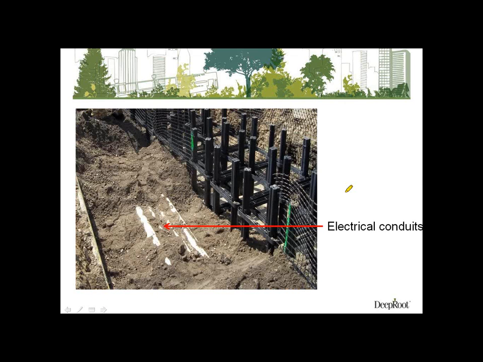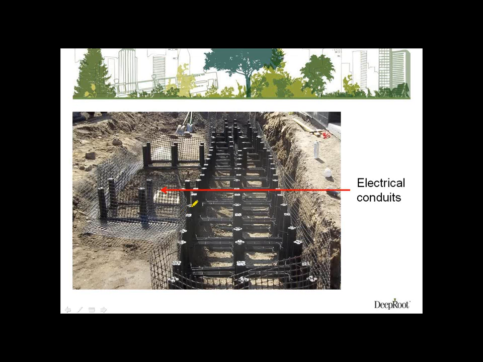Similarly, this is a project in Thunder Bay, Ontario, where there's Silva Cells around a tree pit or tree opening here. They're supposed to extend this way towards the curb, but because of some major electrical conduits, they couldn't be put in deep enough. So you see in that case, they filled over the top of the electrical conduits and added the Silva Cells around the tree opening so that they're even with the top layer of the adjacent Silva Cells.